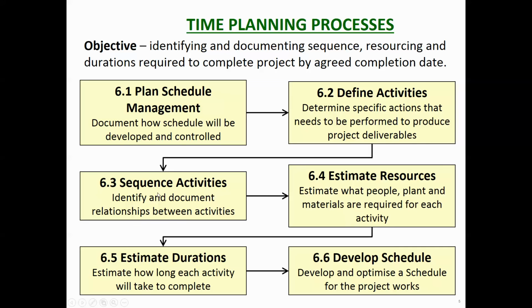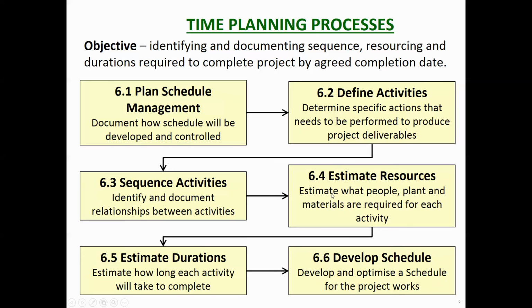The next one is to sequence the activities, or sorry, that should be sequence work packages, and that's to identify and document the relationships between the work packages. As I said, we're not working at the activity level, we're working at the work package level, so that should have read work packages. Estimate resources: estimate people, plant and materials required for each work package. And then estimate duration.